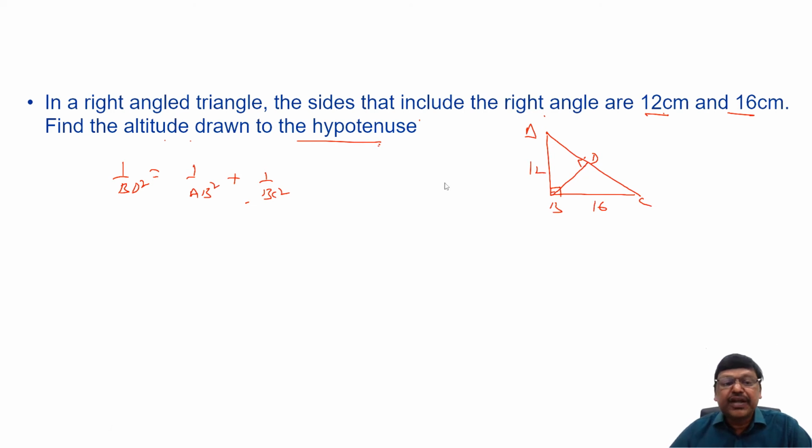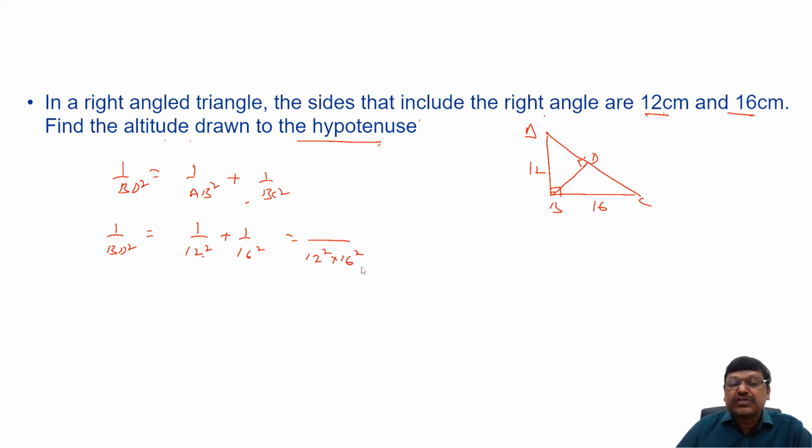We need to find BD. If you substitute here, 1 by BD square equals 1 by 12 square plus 1 by 16 square. If the LCM is 12 square and 16 square, 12 square goes 16 square times, 16 square goes 12 square times, 16 square plus 12 square will be 20 square, because 16 square is 256, 12 square is 144, it will be 400, which is 20 square.